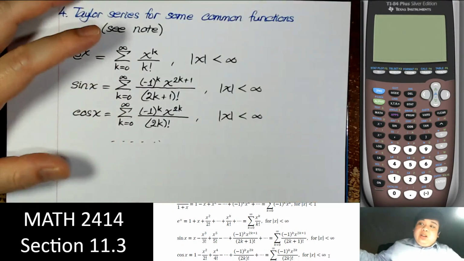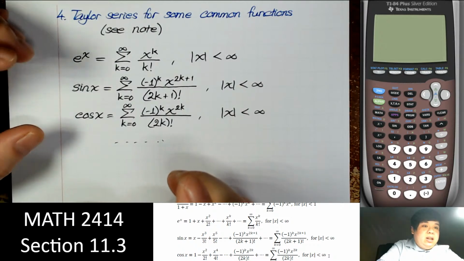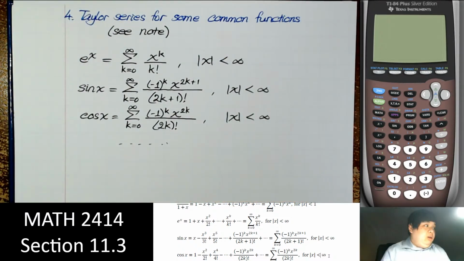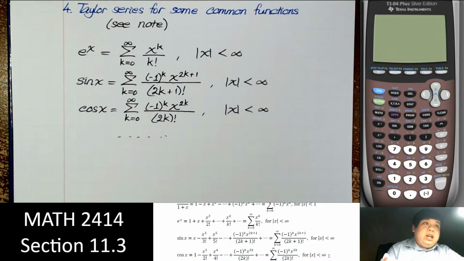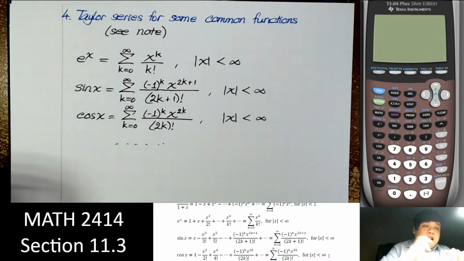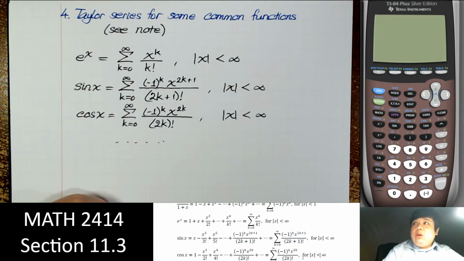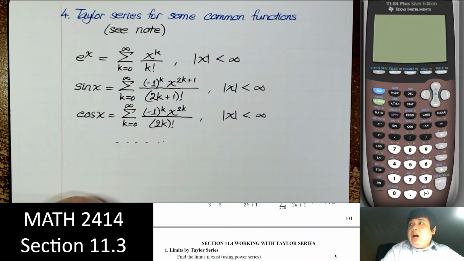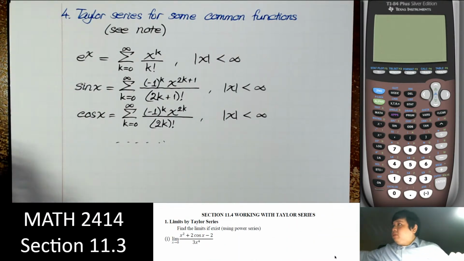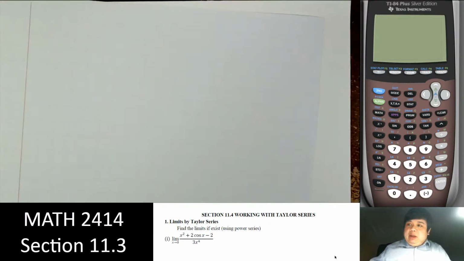So if engineers have the problem that they cannot integrate, they will look up for the series, and they integrate the series, and then from this theorem we can say how good is the approximation, what is the difference between the actual solution and the approximation solution, and they can actually calculate that very well. So with that we go to section 11.4. See how those series can be done.